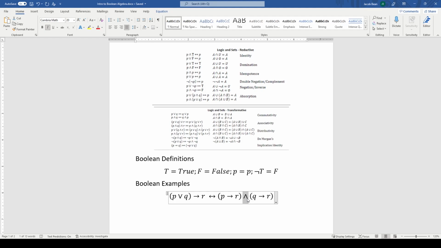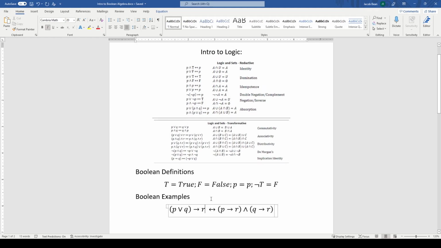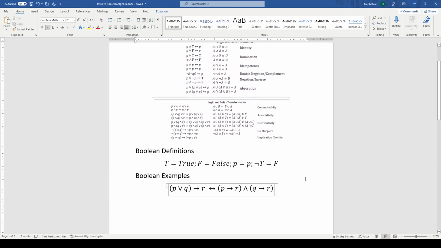Whenever I try to tackle one of these equivalency problems, typically I'm going to grab one of the sides and try to make either the left side look like the right side or the right side look like the left side. And we're going to manipulate it using these formulas over here.